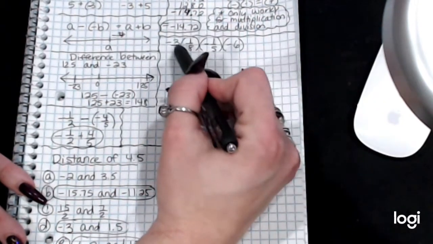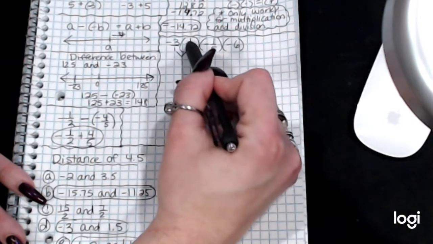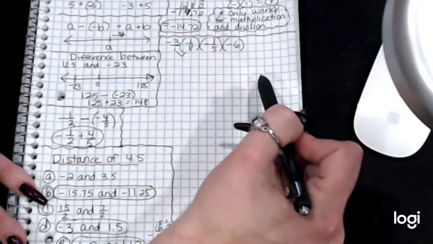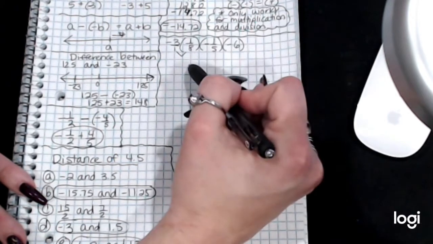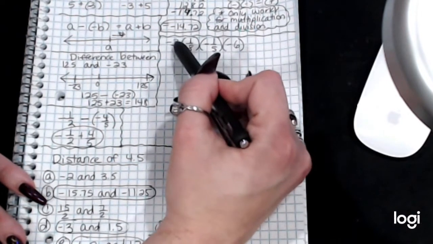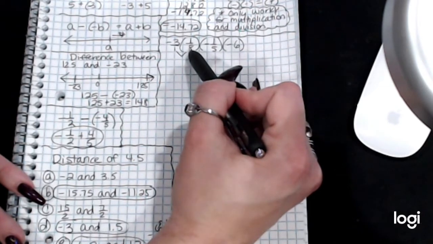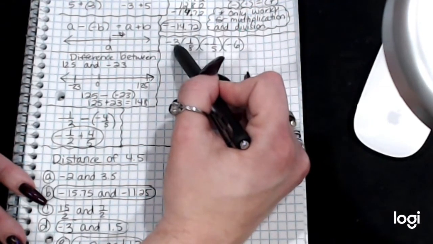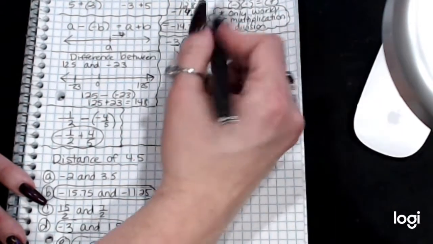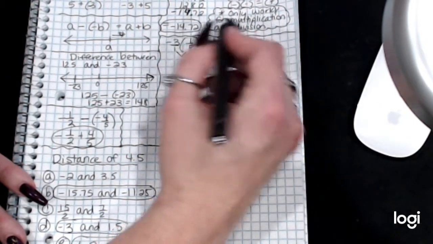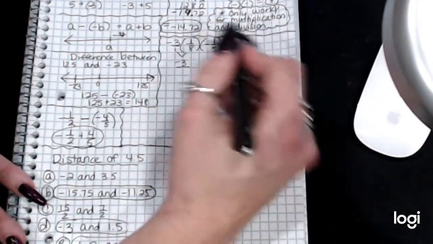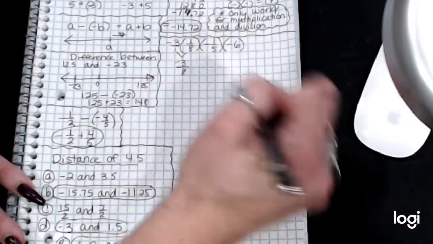Sometimes that is helpful, remember, because you can just focus on multiplying numerators, multiplying denominators. What I've seen a lot of kids do is they have this negative 3 and they multiply it times this and the bottom, and that's not right. This negative 3 as a fraction is negative 3 over 1. So negative 3 times 1 is negative 3, and 1 times 8 is 8.